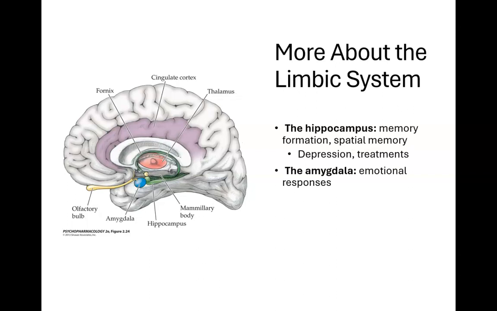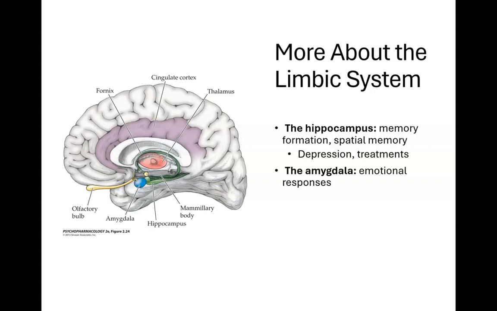Now, a little bit more about the limbic system. We have areas like the hippocampus, which I've shown you right here. This is an area that's really critical for memory formation and for spatial memory. In addition to this, we have also found that high stress can damage cells in the hippocampus.